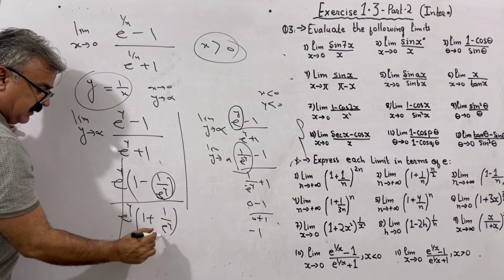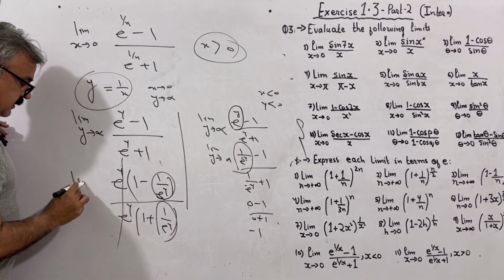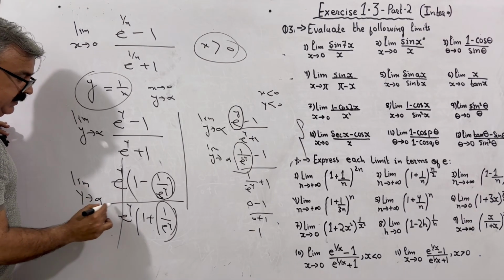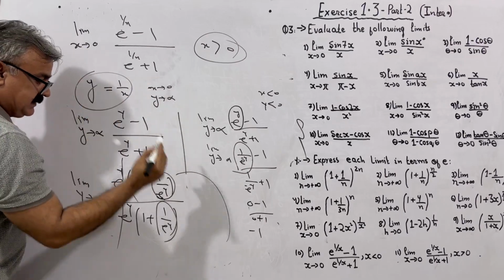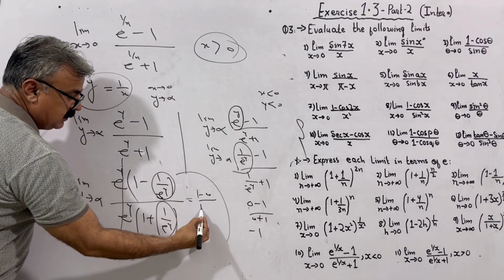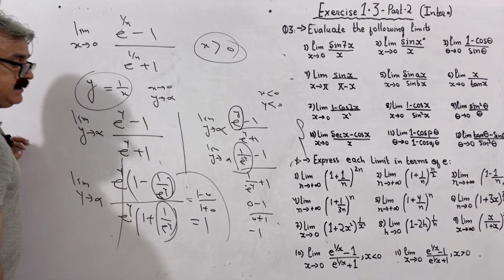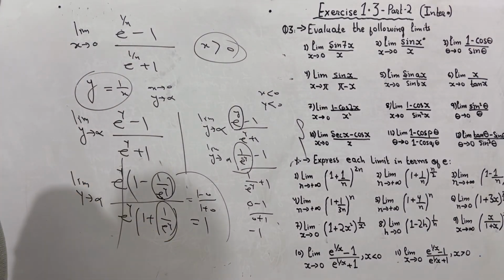It goes to 0 in case of limit y tends to infinity. So where x is greater than 0, we have 1 minus 0 over 1 plus 0. So 1 is my answer in that case.